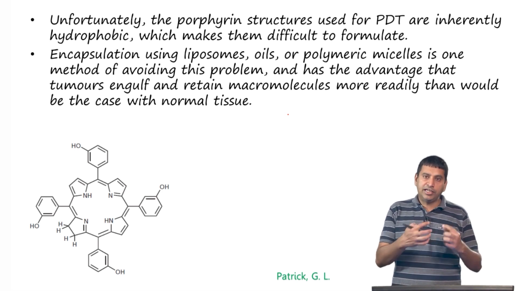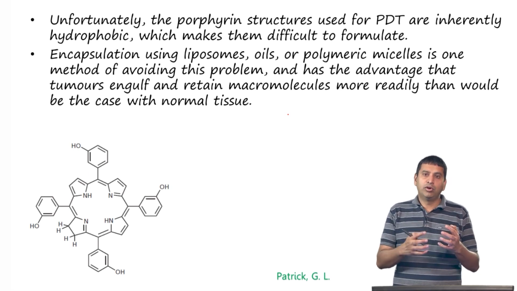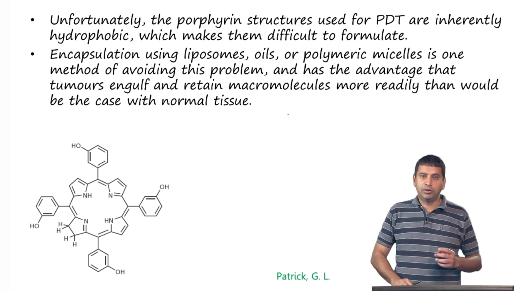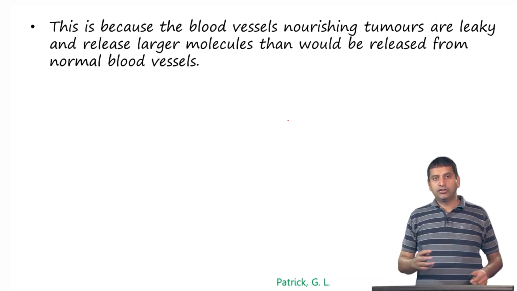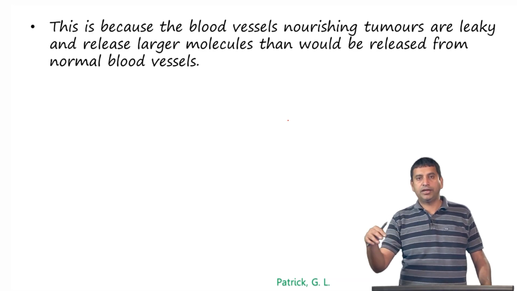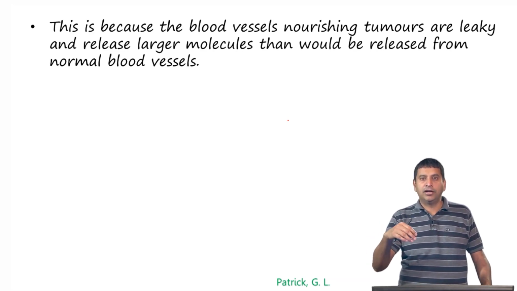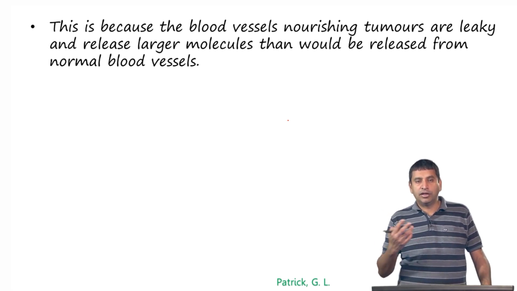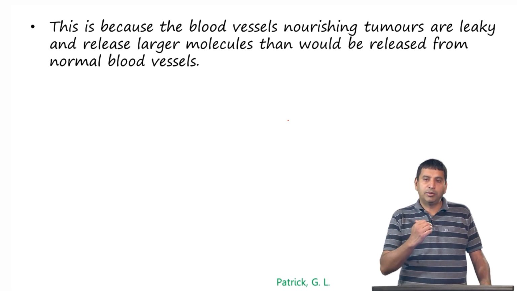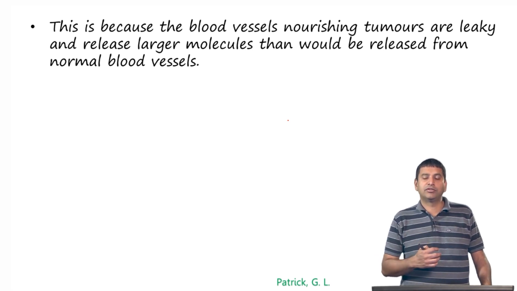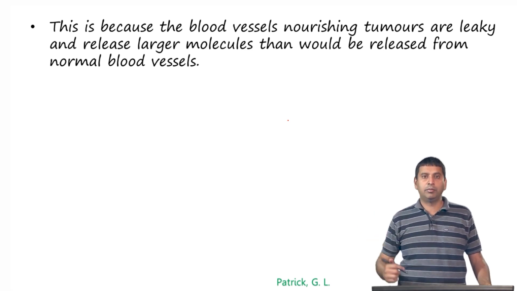They engulf and retain these macromolecules more readily than normal tissue, because the tumor vasculature is quite random and leaky. Larger molecules are absorbed better, so this is called the EPR effect, which we will be looking at later.